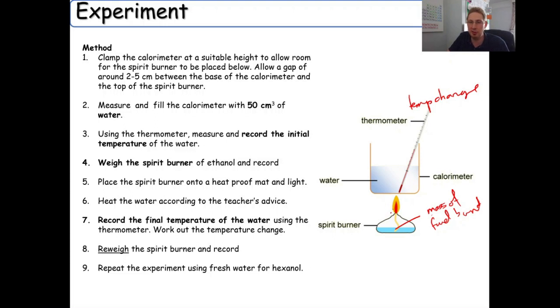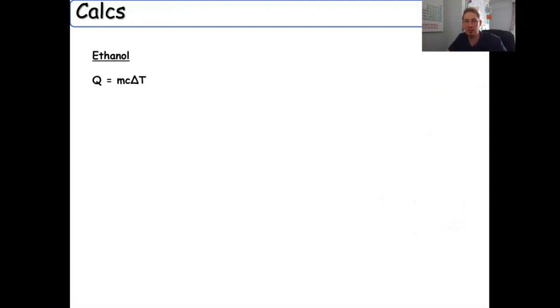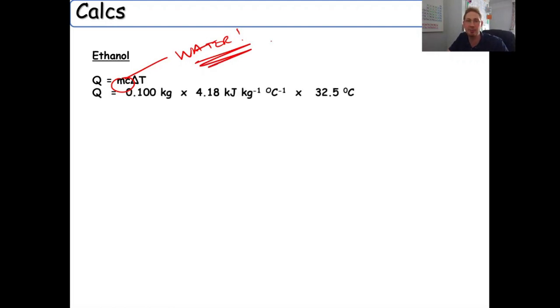Careful, some students forget they measure it to start with the lid on and then without the lid, and they get a much bigger mass change than they would expect. Again, Q equals MC delta T, but it is the mass of the water because you are measuring the temperature change of the water. So let's say 100 centimeters cubed, 0.1 kilograms, gives you number of kilojoules.